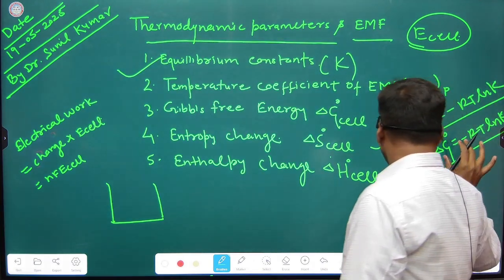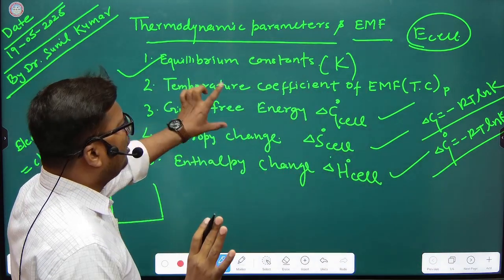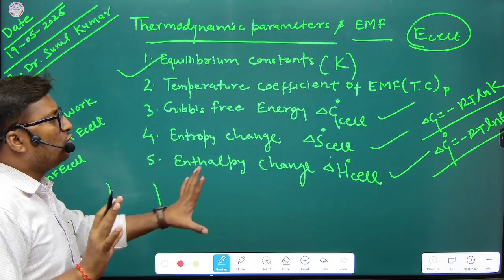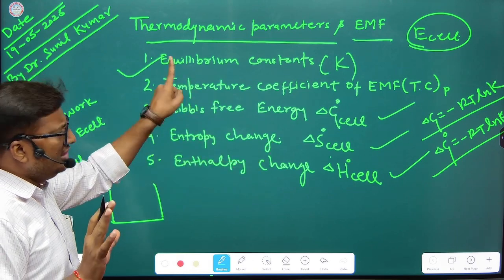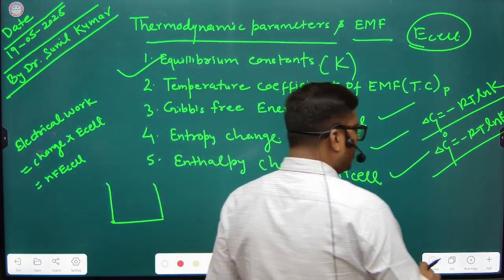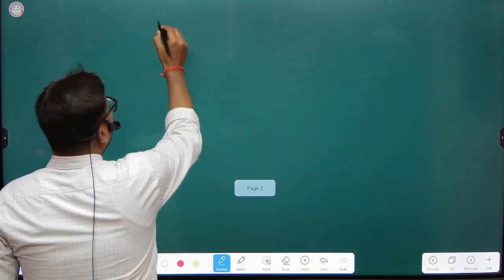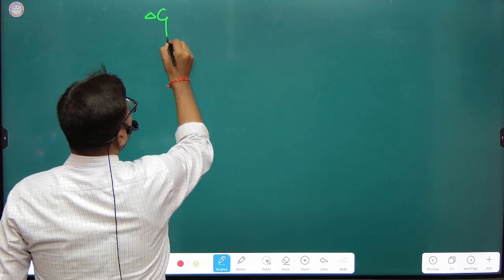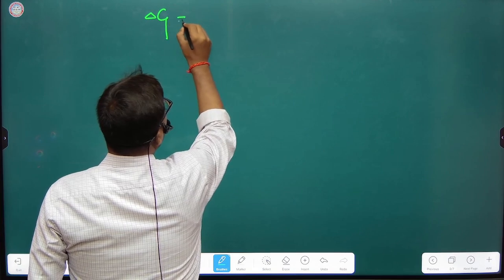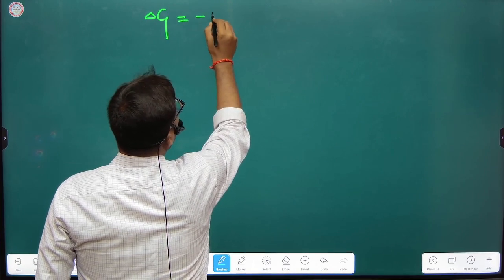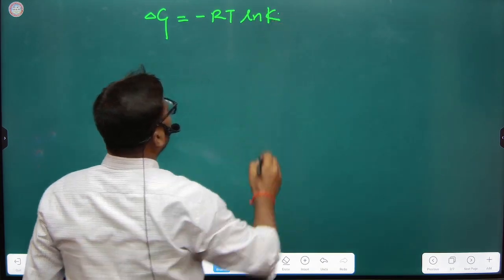So these are the general terms used in thermodynamics, but in the electrochemical cell, we are trying to correlate this equilibrium constant with cell potential, that is EMF. Okay, so suppose we have delta G is equal to minus RT ln K, right?